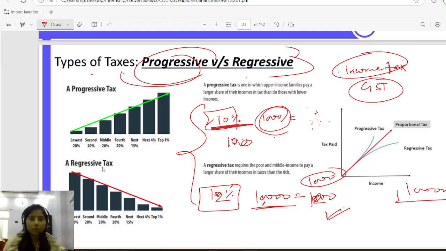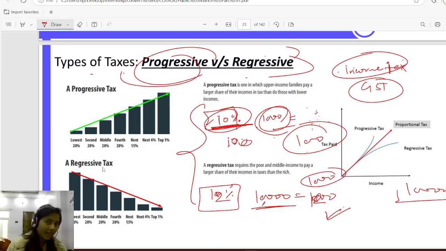They can pay even more and their standard of living is very high. But for a person who is earning 1000 rupees or just 100 rupees, this 10% is much higher, right? Their paying capacity is very low, and they cannot afford a better standard of living in that case. So that is called regressive tax.